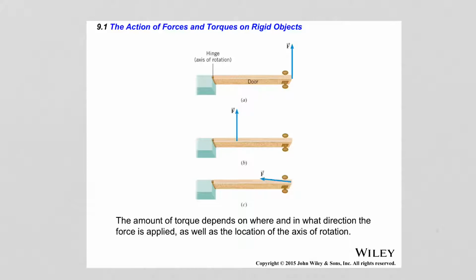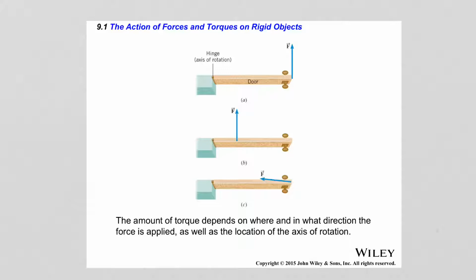The door will also rotate about the same axis if the force F is applied as in the second drawing. However, the amount of rotation that will be generated in the second example is different than the amount of rotation generated in the first example. Furthermore, if the force F is applied in this way, as the third picture shows, then the amount of rotation of the door will be different compared to the first and the second examples.